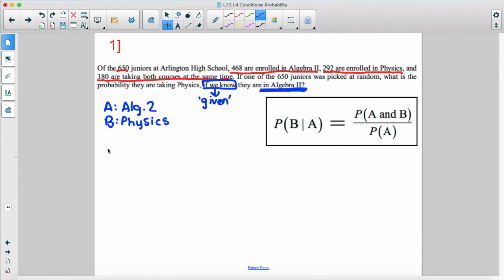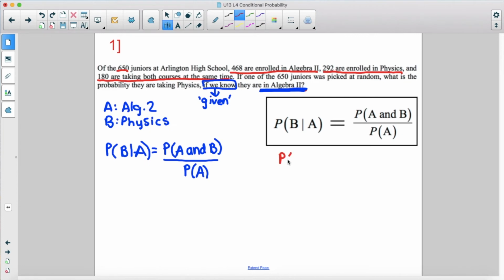Okay, so we need to find the probability of B given A. So Physics given Algebra 2. Okay, this is equal to the probability of A and B, I'm just writing it out for now, A and B over the probability of A. So I'm going to do my work to find those on this side.